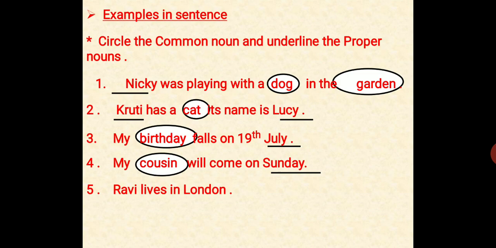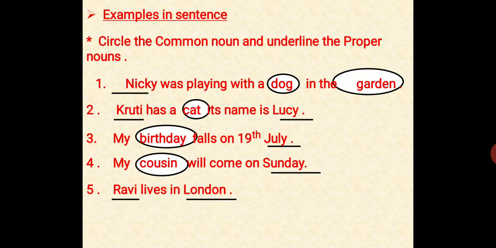Maybe both are common nouns or both are proper nouns. Here both nouns are proper nouns. So what can we do with proper nouns? Yes, underline them. Let's underline Ravi and also underline London.